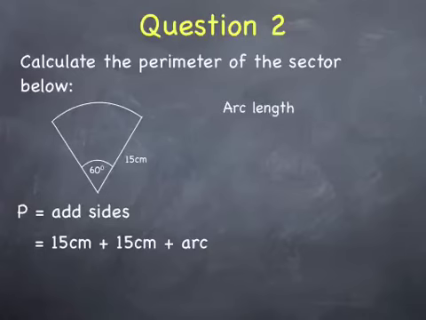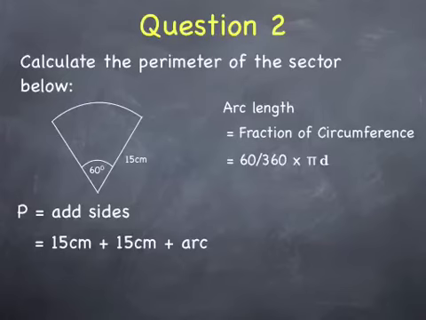Let's calculate the arc length though. We don't know what it is. We need to calculate it. It's a fraction of the whole circumference. In this case, the fraction is 60 out of 360, 60 degrees. So it's 60 out of 360 times the circumference, so pi times diameter. So fraction of circumference.